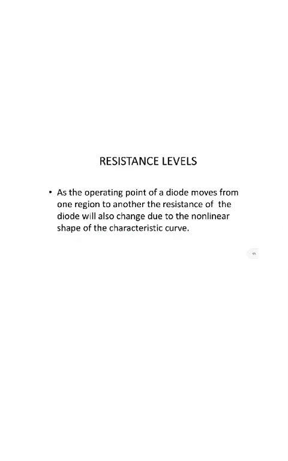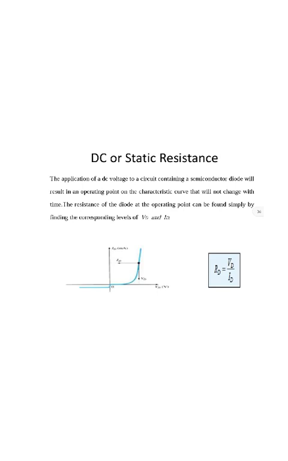What do you mean by resistance level? As the operating point of a diode moves from one region to another, the resistance of the diode will also change due to the non-linear shape of the characteristics curve. So here you have DC or static resistance.